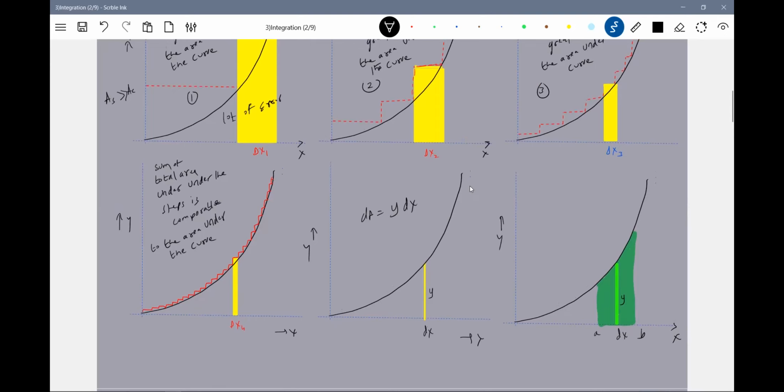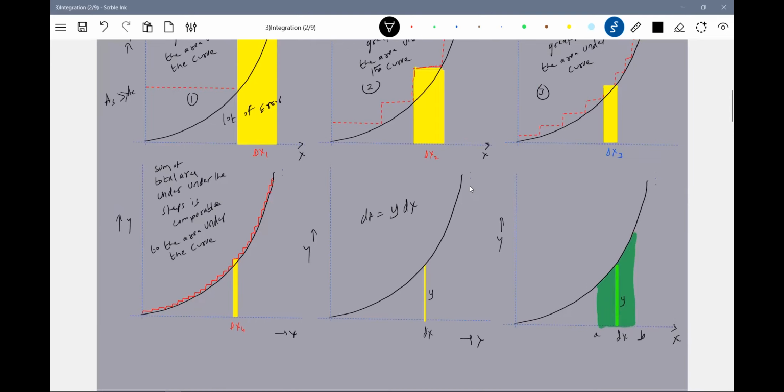Then what we do, we'll add up such strips of increasing height. Then we'll get the total area which is under the curve. So therefore, this is what I'll call it. The area under the curve, we'll call that as integral. So what is I equal to here? Area of strip.